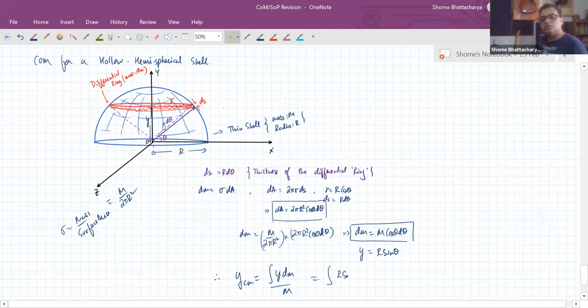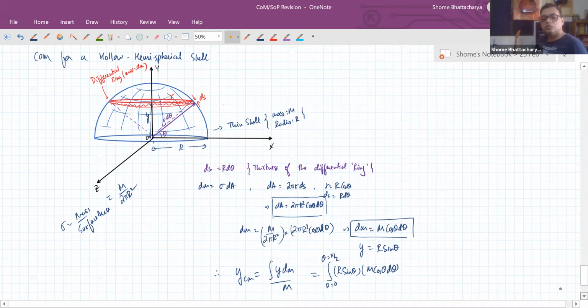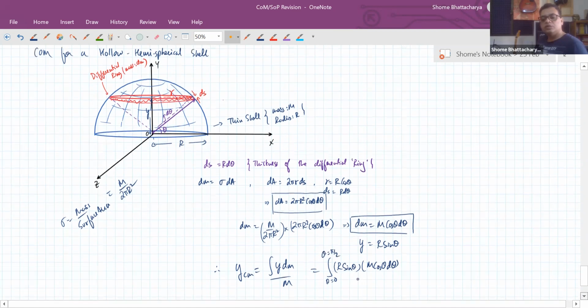So that's integration of R sine theta into dm, which is M cos theta d theta, from theta equal to 0 to theta equal to pi by 2, divided by the total mass.